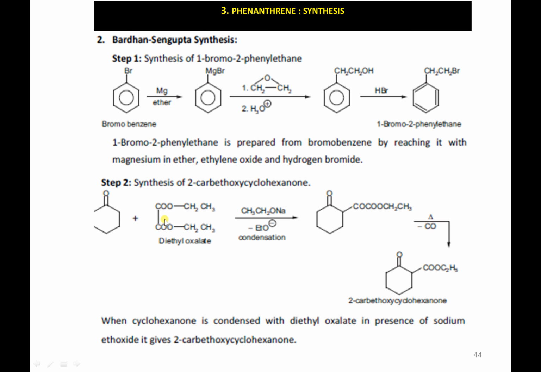So one of the CO attacks with the loss of ethoxide. So you get a type of acetoacetate ester of cyclohexanone. This is decarboxylated at high temperature to get 2-carbethoxycyclohexanone.